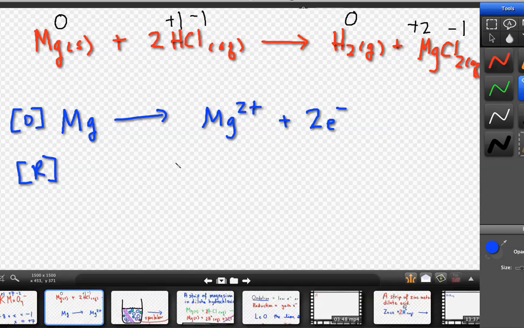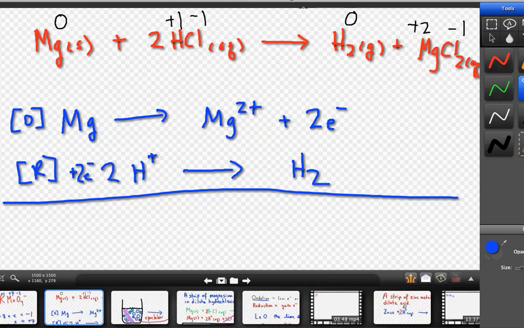In the reduction half reaction, I have 2H+ that goes to H2. And I need 2 electrons to balance the charge. I can directly add these together because the electrons will cancel.